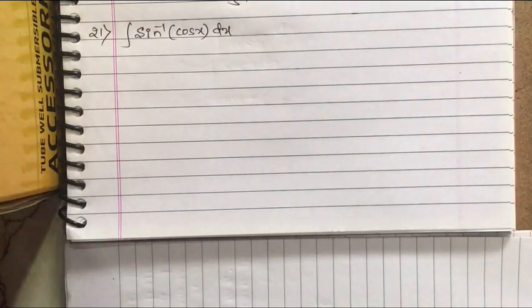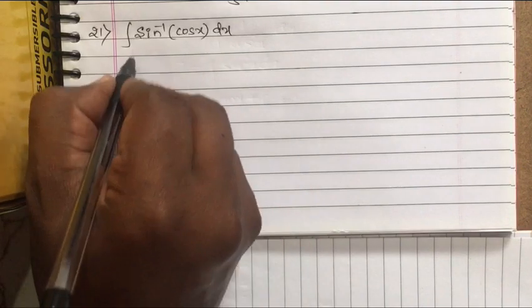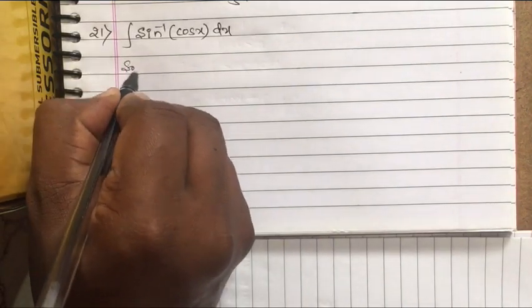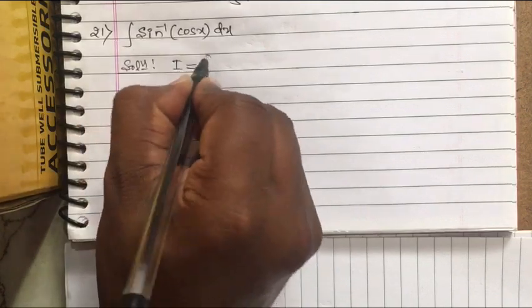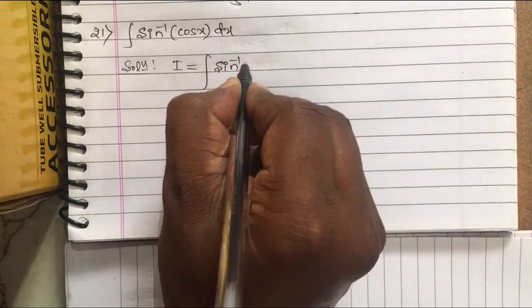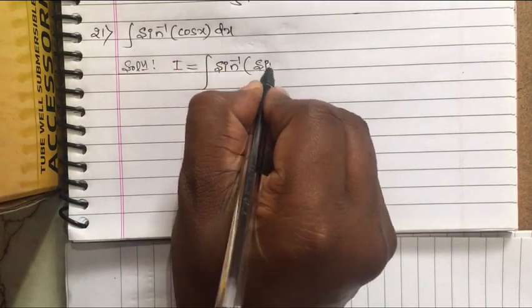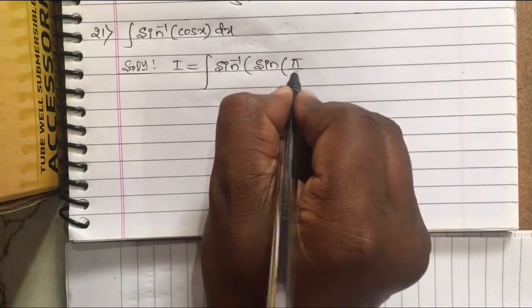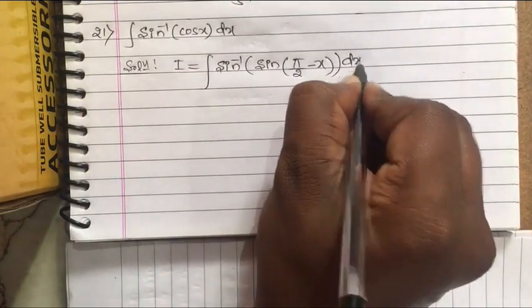Well, the 21st question: integral sin inverse cos x dx. Take this as I equals integral sin inverse, I write it as it is, then cos x can be written as sin 90 minus x, that is pi by 2 minus x, by making use of the complementary angle concept.